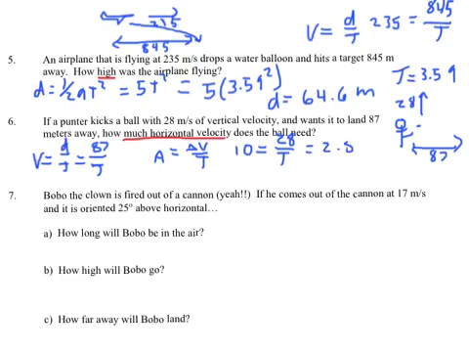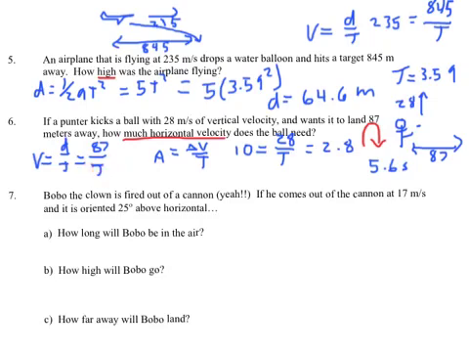But remember, that's how long it travels up for. It doesn't just go up, it's also got to come back down. So I have to double this value here. When I double 2.8 seconds, that's going to give me 5.6 seconds. So the ball is in the air for 5.6 seconds. I then take this value and substitute it in right over here.